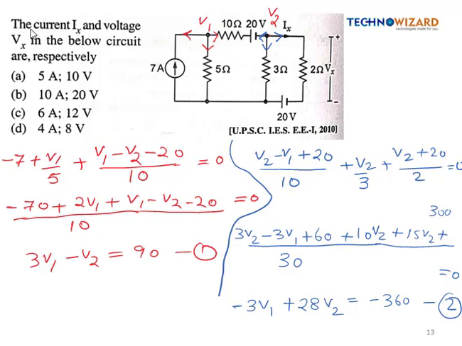Now adding equation 1 and 2, we can find the value of V2. So equation 1 was 3V1 minus V2 is equal to 90. Equation 2 was minus 3V1 plus 28V2 is equal to minus 360.